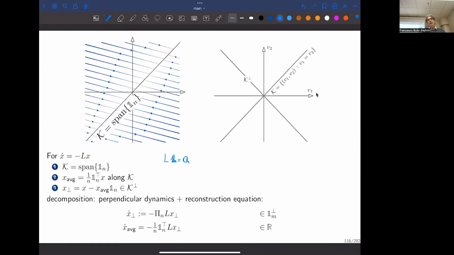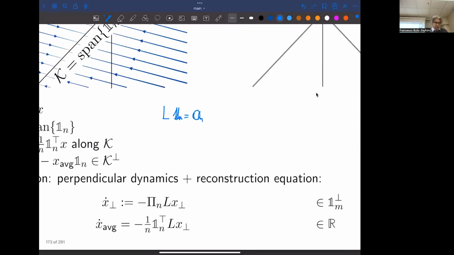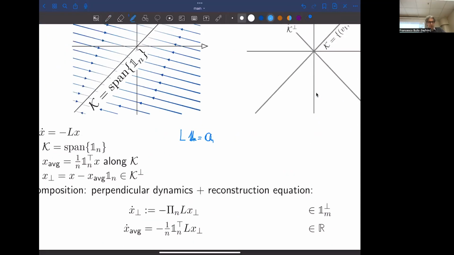If you add alpha times 1n to the state of the Laplacian system, the solutions are just translated by the same amount. So it's an invariance property, right? And so it turns out that, look, I did a little calculation. It seems to me that you can write an ODE for the perpendicular dynamics and an ODE for the average dynamics. One is along the kernel, the other one is perpendicular.